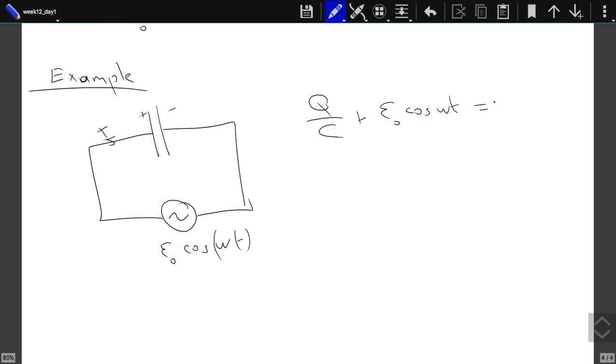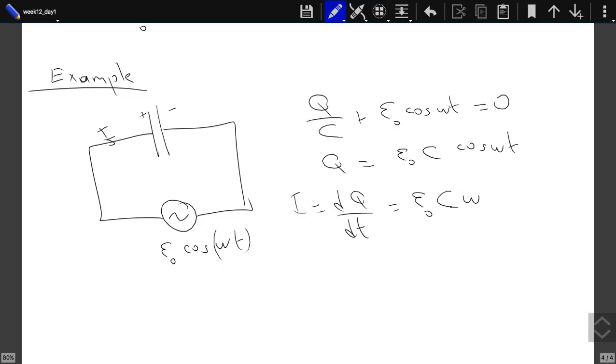This is equal to 0. So Q is equal to epsilon 0 times C times cosine omega t. Well, you see, I is nothing but dQ by dt. In this problem, I is positive if the charge is increasing. So that means this is equal to epsilon 0 C times omega times sine omega t.